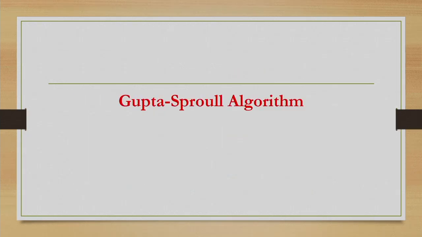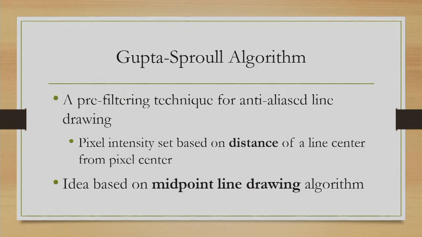Let us have a look at a little bit more sophisticated approach involving more computations, which is called the Gupta-Sproull algorithm. This is a pre-filtering technique used for anti-aliased line drawing, and here the pixel intensity is set based on the distance of the line, or line center since we are assuming the line has finite width, from the pixel center.